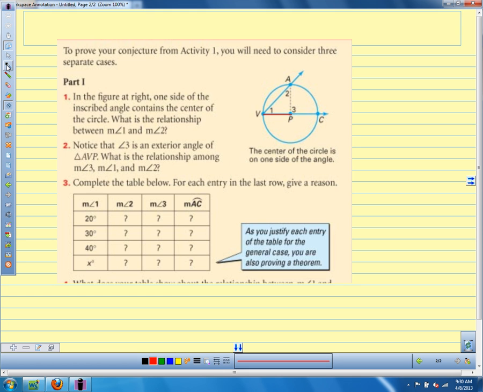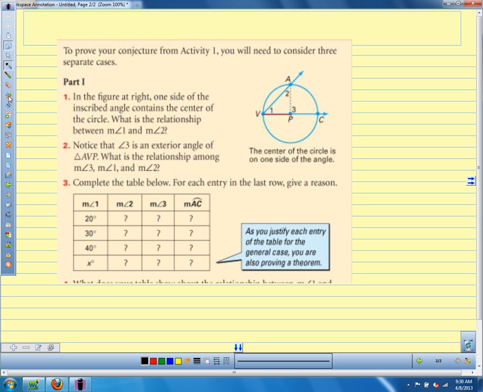Nick? What part of the circle is segment VP? Well, point P is the center of the circle. V is on the circle, so what do we call that? What segment goes from the center of the circle to the circle? The radius. Perfect. So segment VP is the radius.